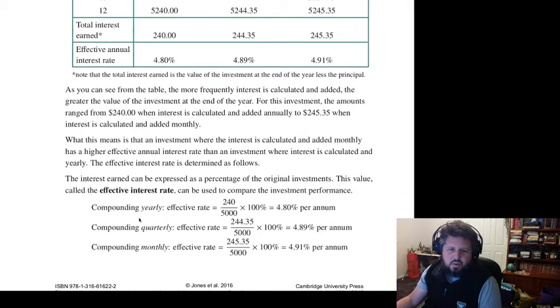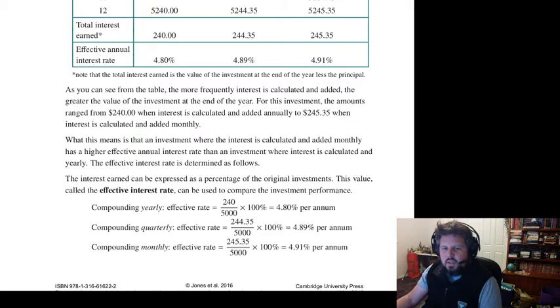Yep. So if it was compounding yearly, obviously they earned $240 interest on the $5,000 that was invested. So you do the 240, which was the amount that was earned as interest, divided by the initial amount, multiplied by 100. It's 4.8%. There's no surprises there.